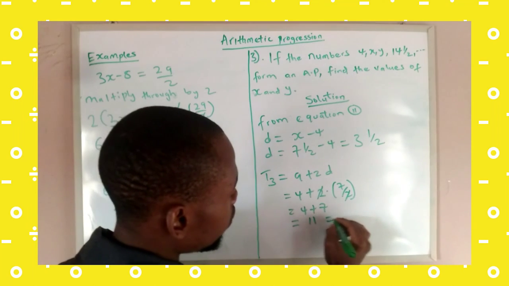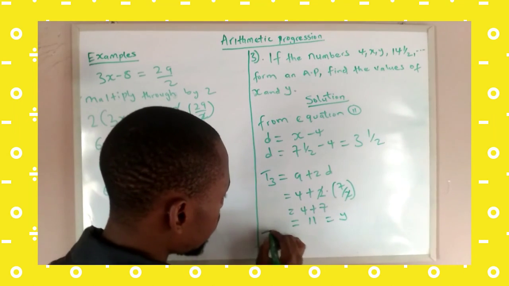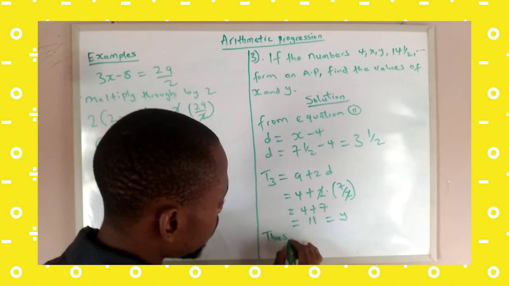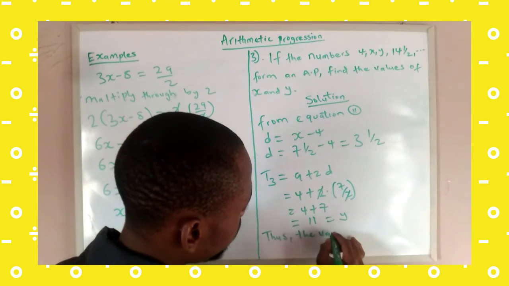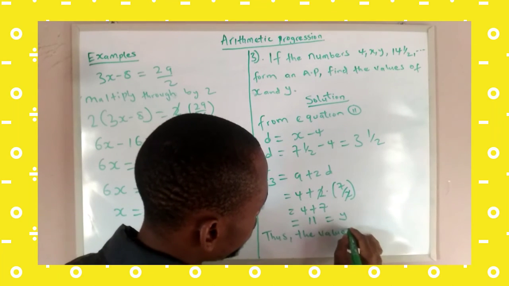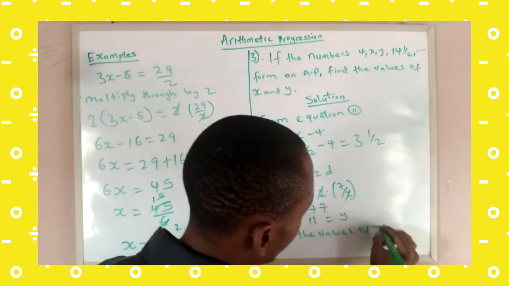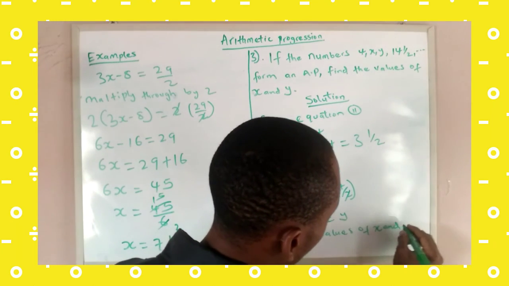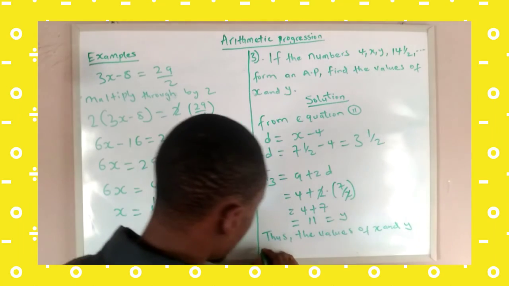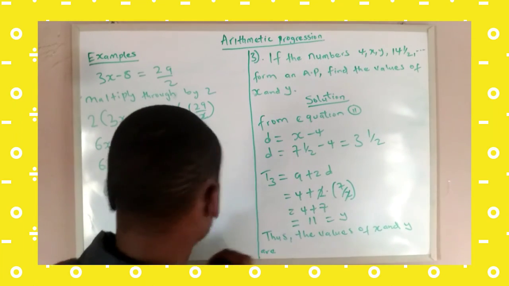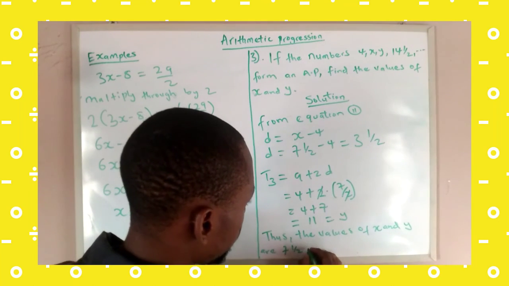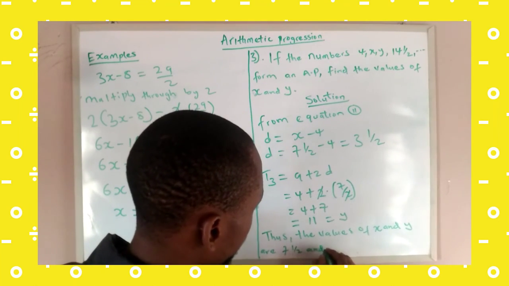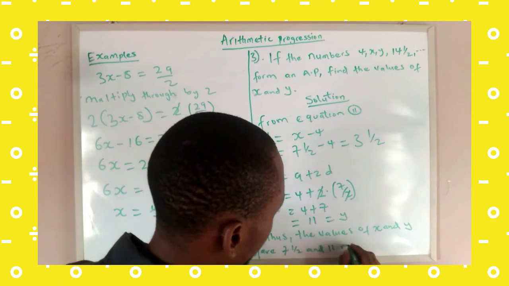Hence, that's the value of our y. Thus, the values of x and y are 7 1/2 and 11 respectively.